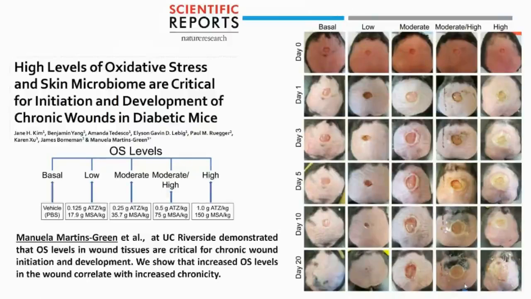There is a dose-dependent effect of oxidative stress on the levels of wound chronicity, which is not novel by itself, but is reestablishing the fact that oxidative stress is a key player in establishing the chronicity of the wound bed.